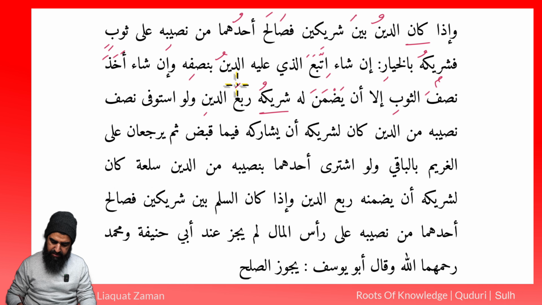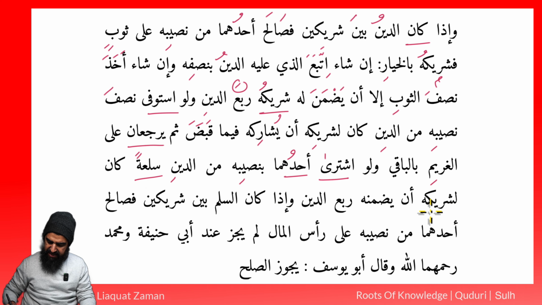ربع الدين مضاف إليه. لو استوفى فعل فاعل. نصف نصيبه مضاف إليه من الدين. كان لشريكه أن يشاركه فيما قابض ثم يرجعان في الفاعل. الغريم بالباقي. ولو اشترى أحدهما في الفاعل بنصيبه من الدين سلعة مفعول به. كان لشريكه أن.